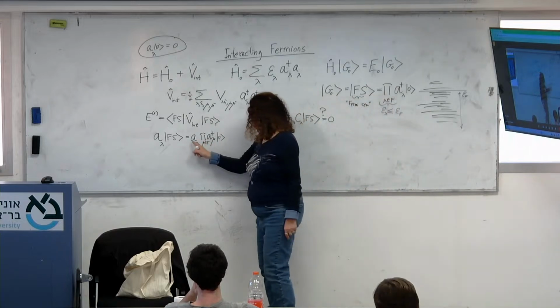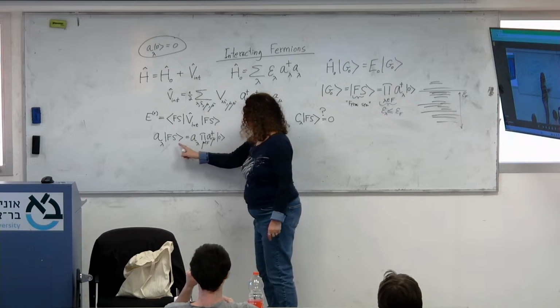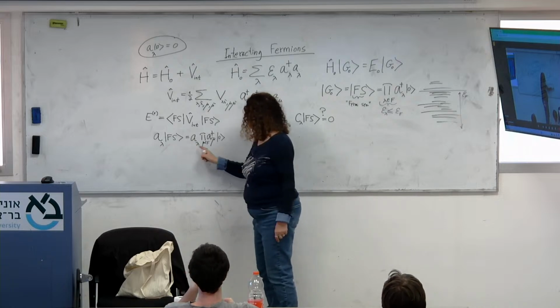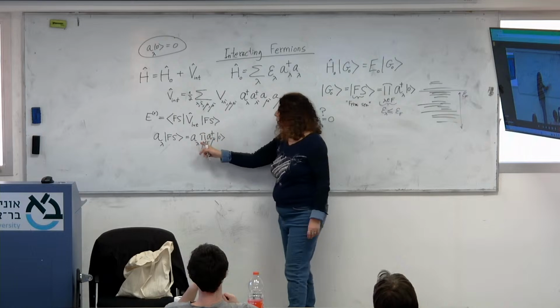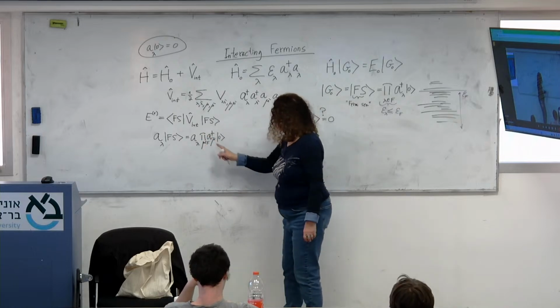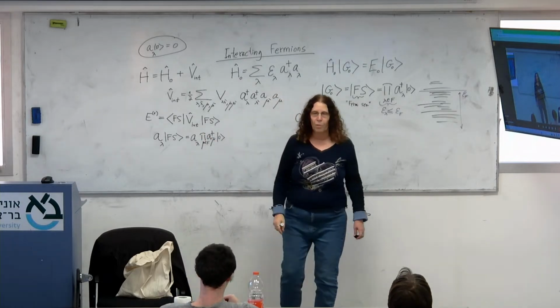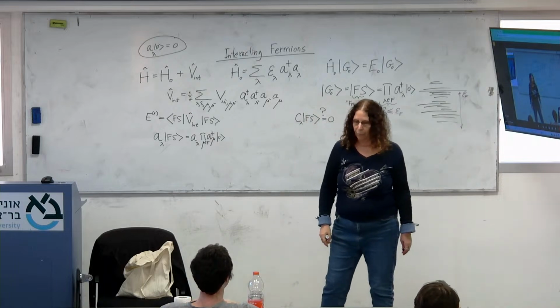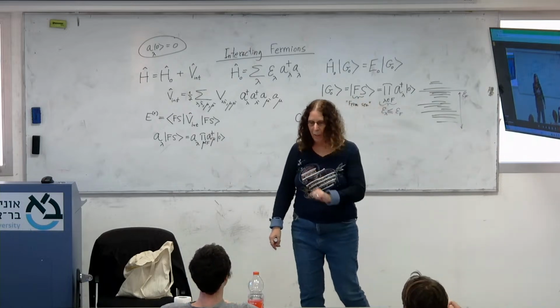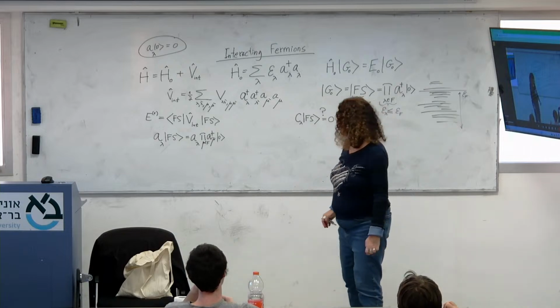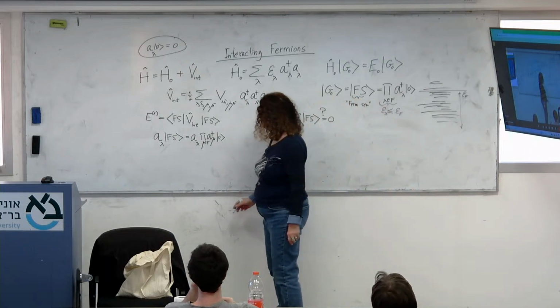But now I want to ask you the following. In which case, or what is the condition that this will also give you 0? Lambda is not in F. Okay. Why is that? So that's actually correct.